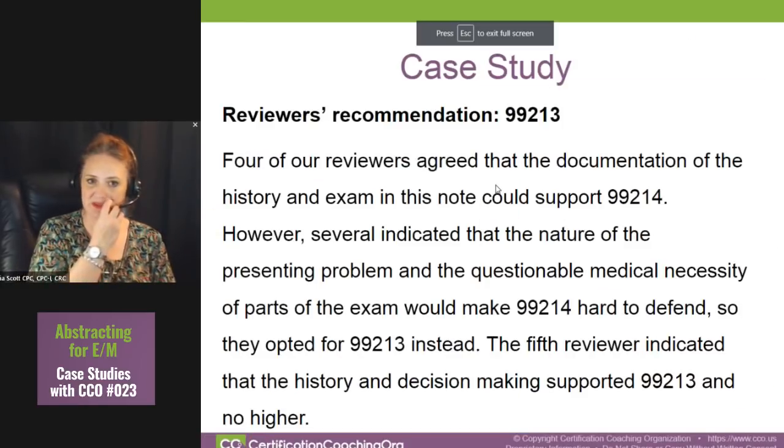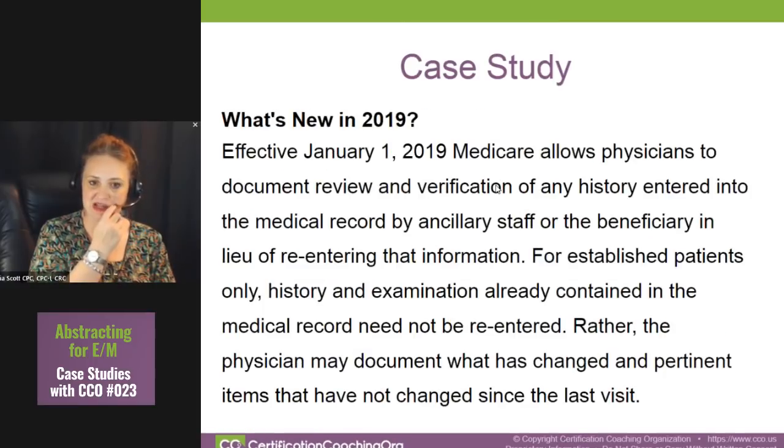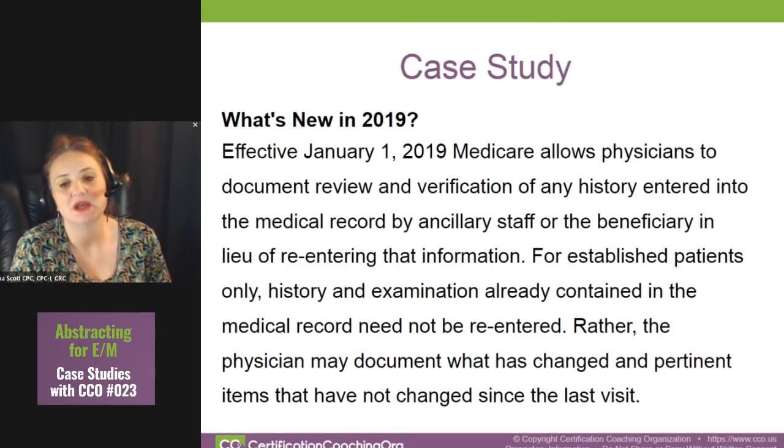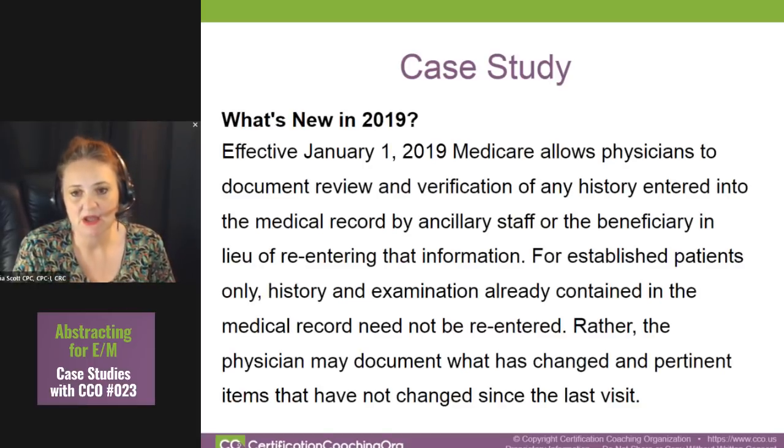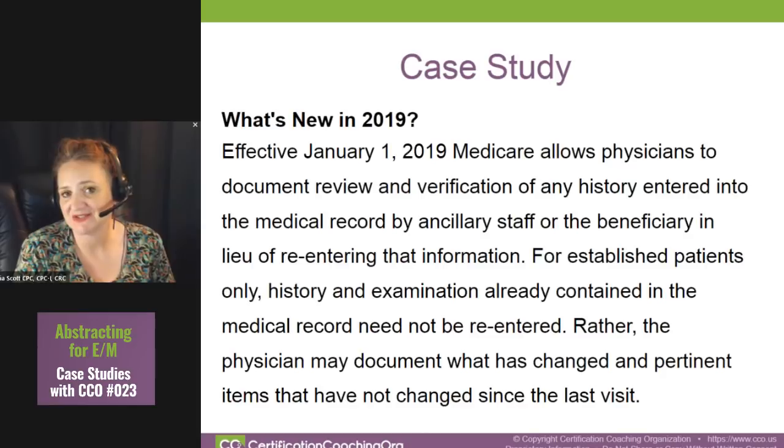Wanted to show you something that was new for 2019 that had to do with E&M, Medicare, because there are some changes that are going to maybe happen to E&M. But again, we're not talking about it here necessarily. But whatever Medicare does, everybody else follows.